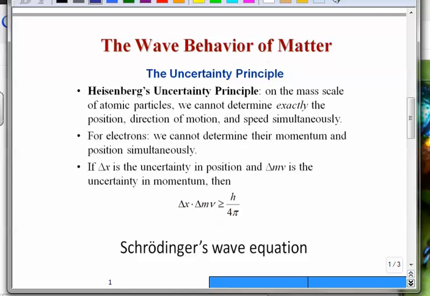Okay, and so Bohr's very elegant and simple model that explained the line spectrum of hydrogen really is inconsistent with this. That is, we just can't say where that electron is, that it exists within a particular shell at a particular energy level. Okay, and mathematically, what this principle says is that there is uncertainty in both position and momentum, and that this product must be greater than Planck's constant over 4 pi.